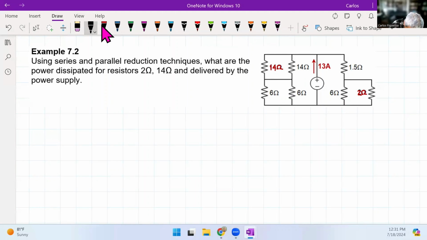Now, what you're seeing here is that there's no voltage value for the power supply, there's only the current.